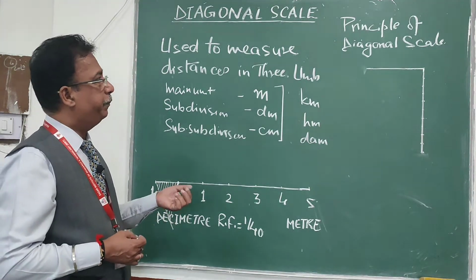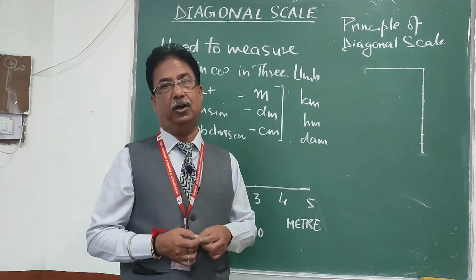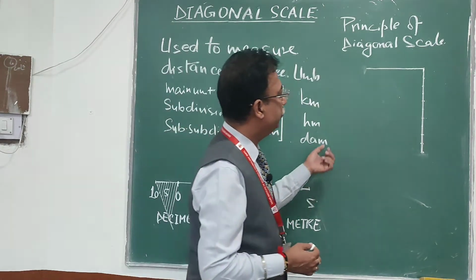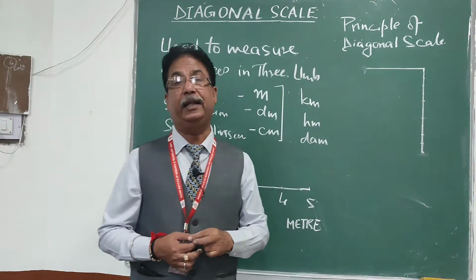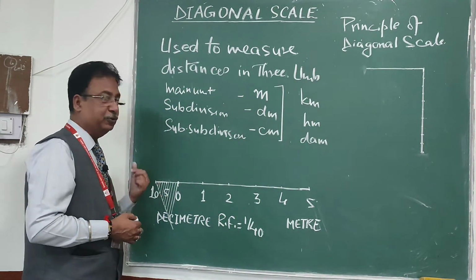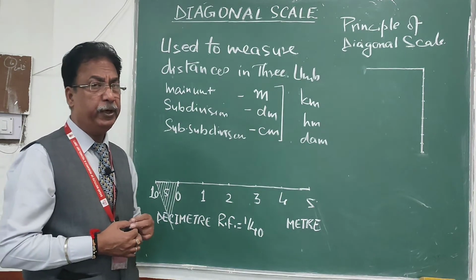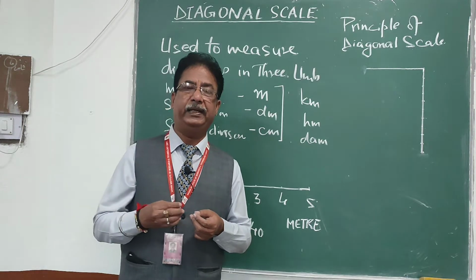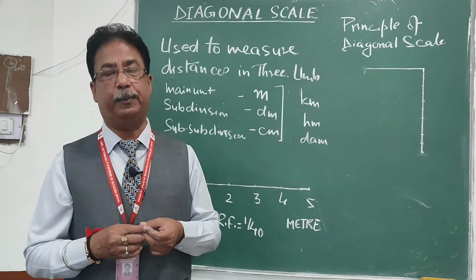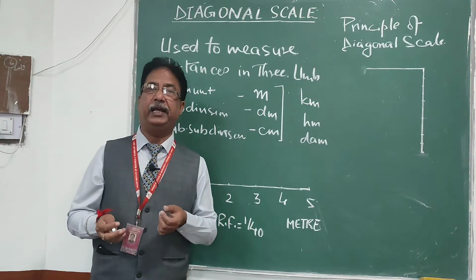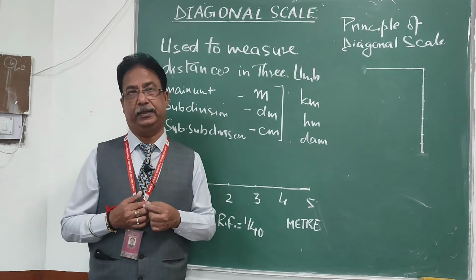For that, there is a principle of diagonal scale. There is a concept known as the principle of diagonal scale. Initially I want to tell you about the principle of diagonal scale, how I am going to measure a length shorter than this small length. If you remember in geometry, if there is no possibility of dividing a line into some fixed number of equal parts, there is still a possibility that we can draw a line smaller than that particular length.